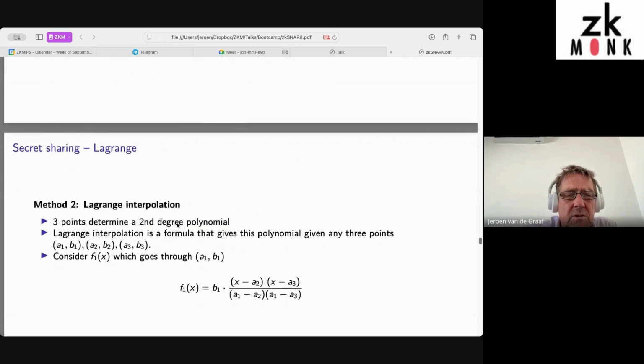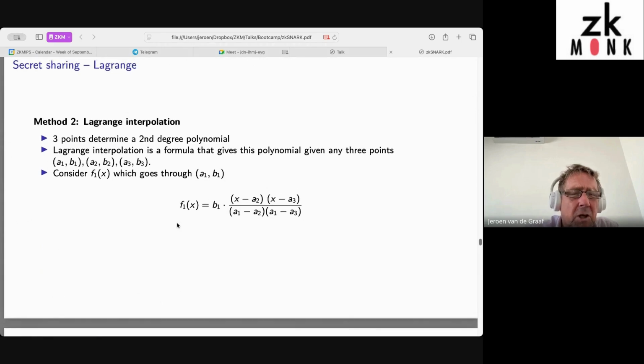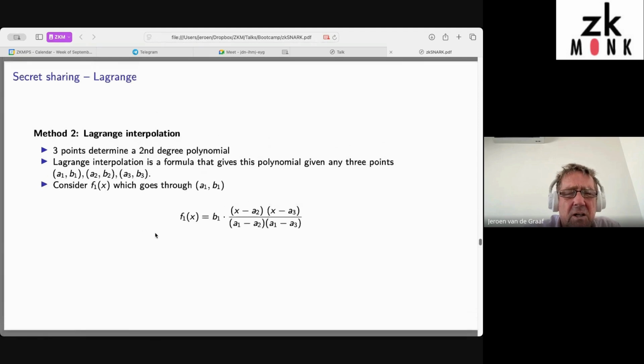And another way to do it is to use Lagrange interpolation. Lagrange, I'm going to do this very quickly. But Lagrange interpolation is a very elegant formula, a plug and play formula, which was already found by the French mathematician Lagrange. You put in the values for the 3 points on the curve, and then it will give you the final result.